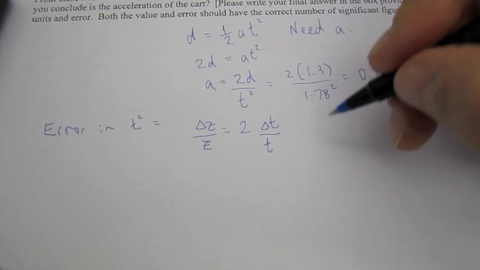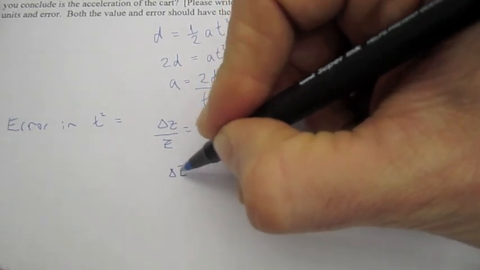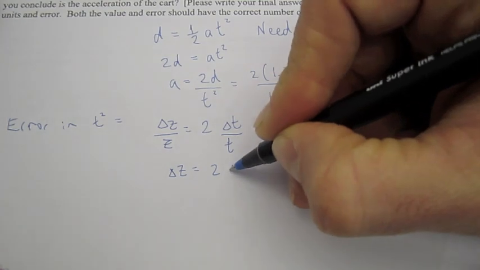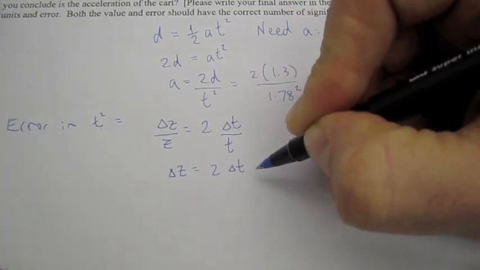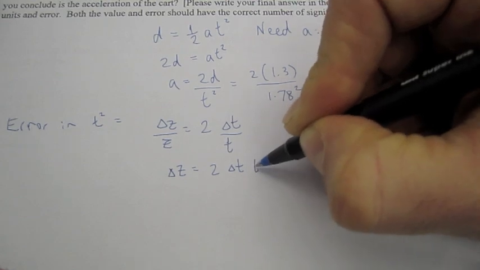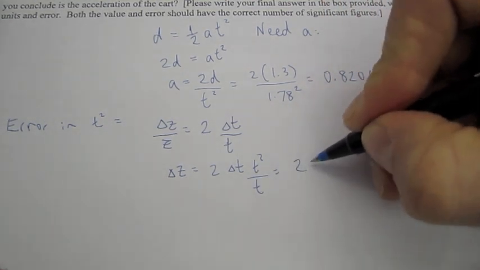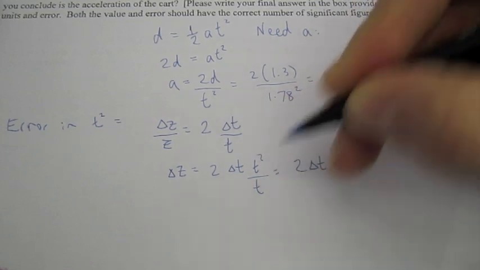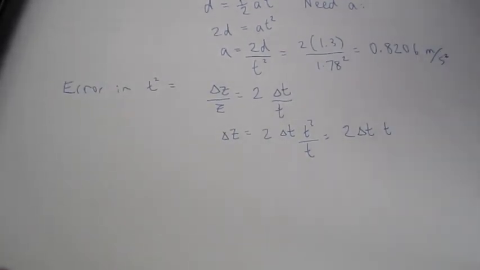So delta z is equal to 2 times delta t times t squared divided by t, which is equal to 2 times delta t times t. The t squared cancels one of the t's in the bottom. Okay, so that's one step.